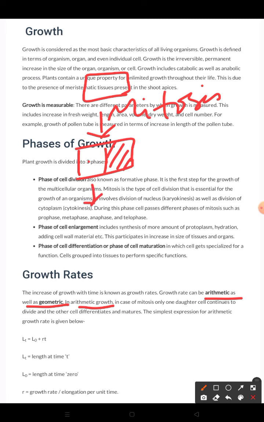Further division takes place. This cell produces two cells. One differentiates and only one remains functional. Along with this, the previously formed cell which differentiated is also present.